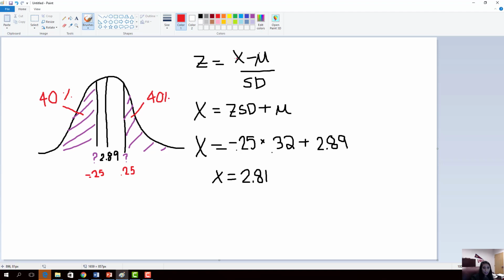And if we have that z-value, then we can plug it into our formula. x is equal to 0.25 times 0.32 plus 2.89, and that'll give us 2.97. So 40% of piglets weigh more than 2.97 pounds.